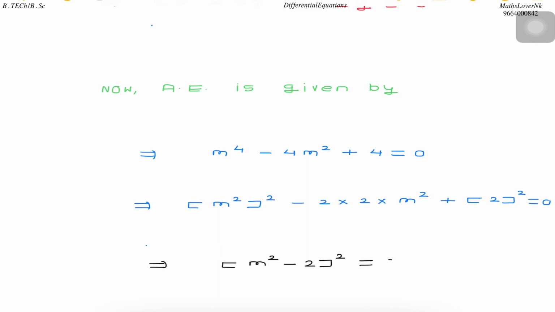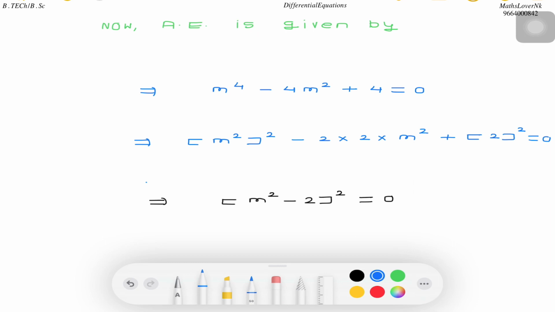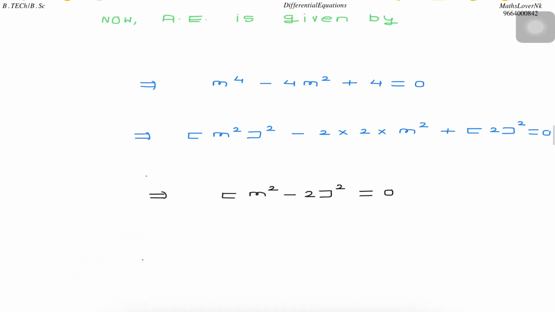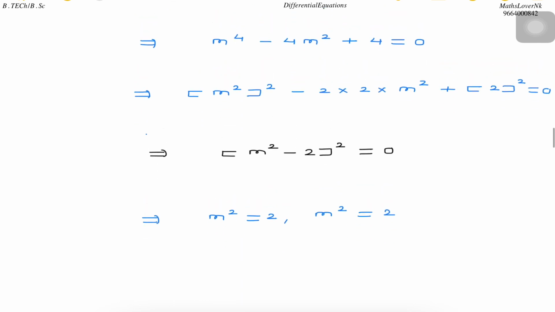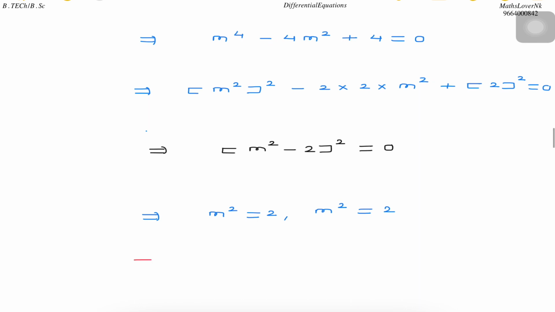When we put it equal to 0 two times, it gives the values of m²: m² is equal to 2 and m² is equal to 2. From here we get the values of m: m is equal to plus minus root 2, and plus minus root 2.